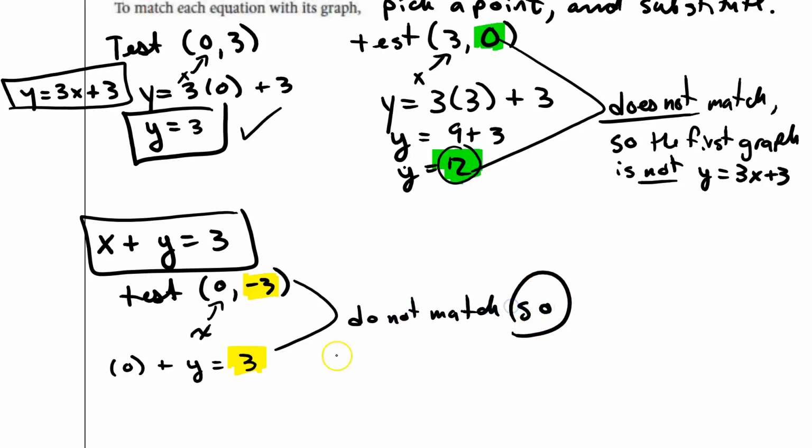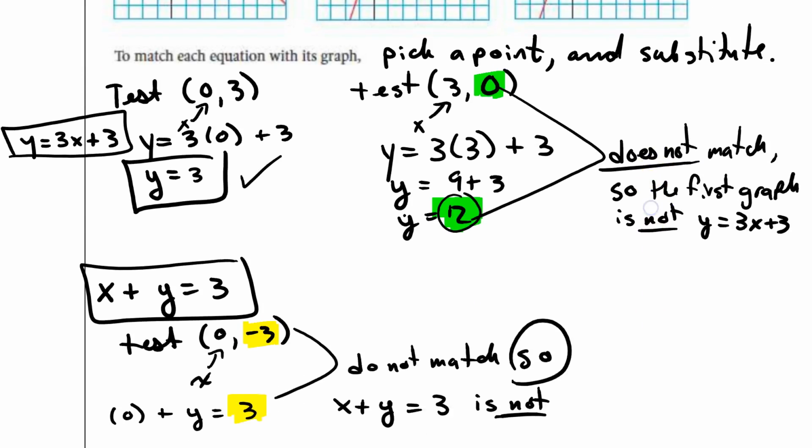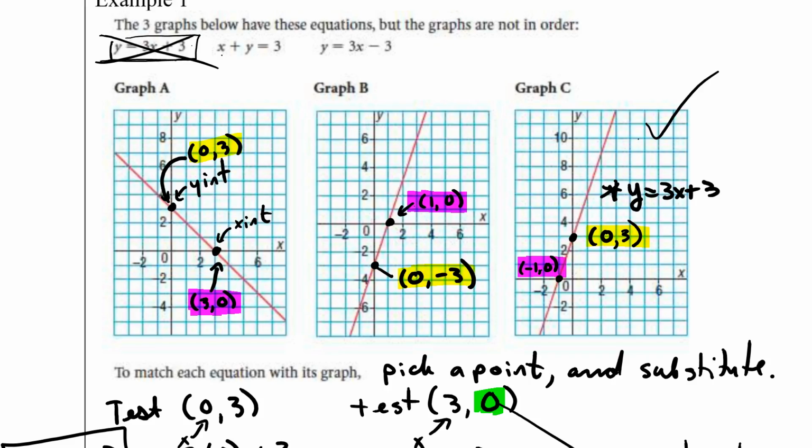So x plus y equals 3 is not graph B. So by process of elimination, we know that x plus y equals 3 is this graph.